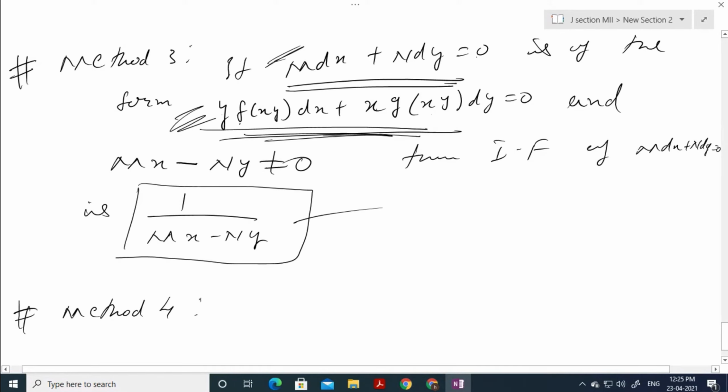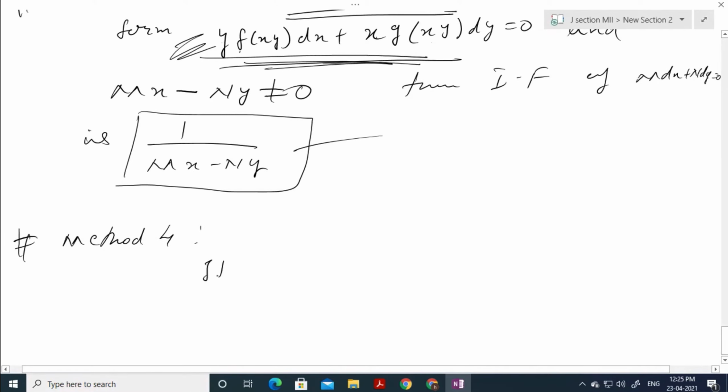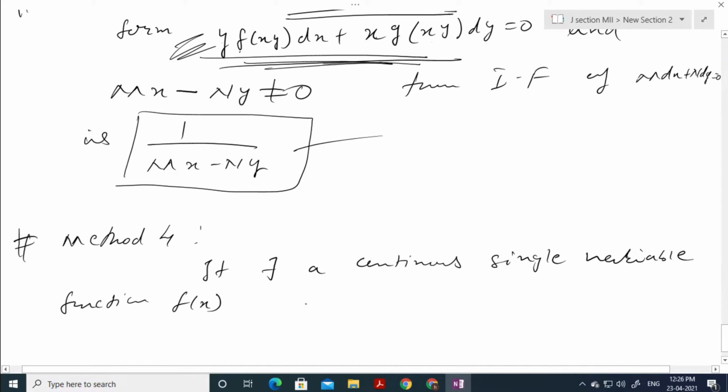Here you have to check a new condition. If there exists a continuous single variable function f of x such that dou M by dou y minus dou N by dou x.